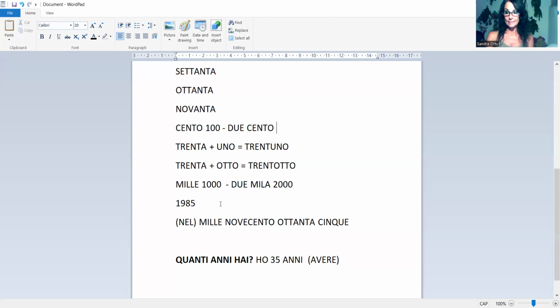Now, when you're talking about a date, a year in particular, what you do in English is separate the number in twos. 1985 here, for example. You cannot do that in Italian.